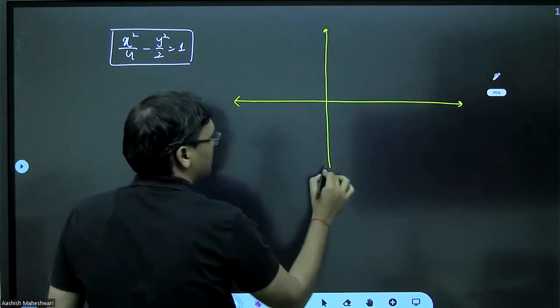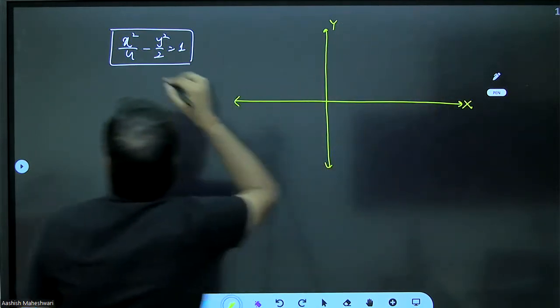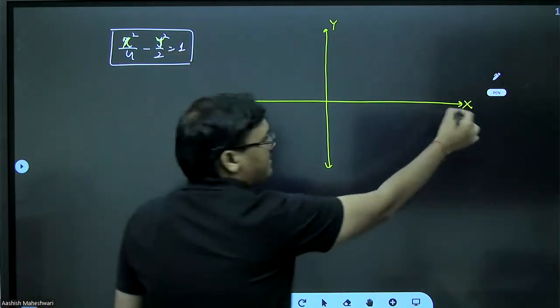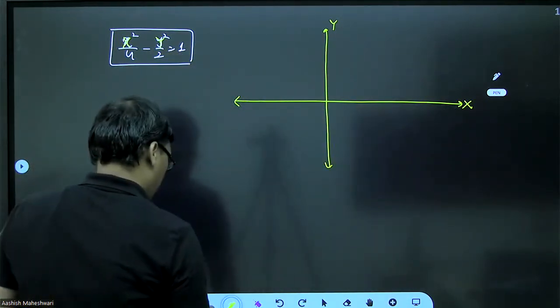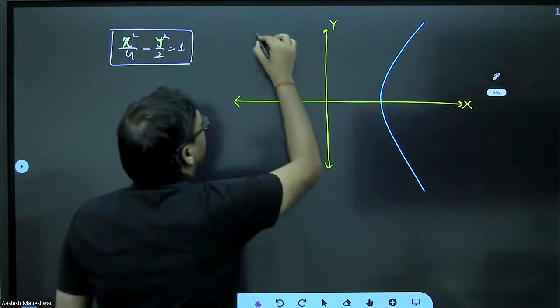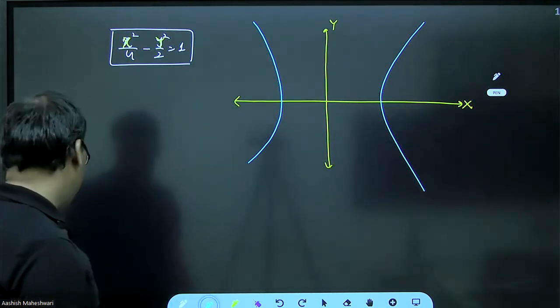This is our x and y. I am taking this as capital X and this as capital Y. This is the x axis, this is the y axis. Let's say this is the hyperbola we are talking about. Now let's start.